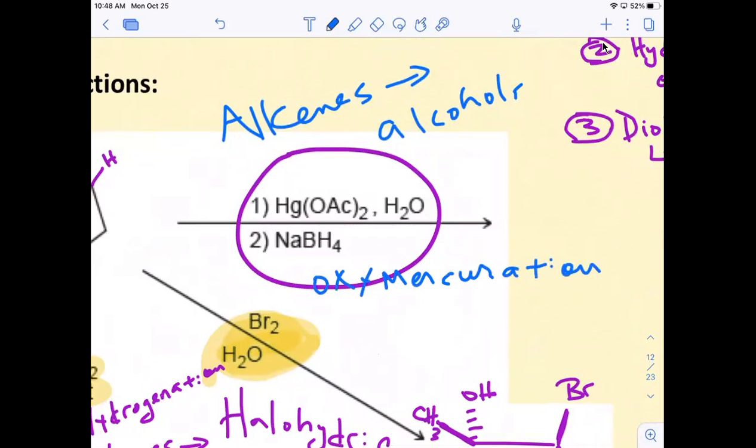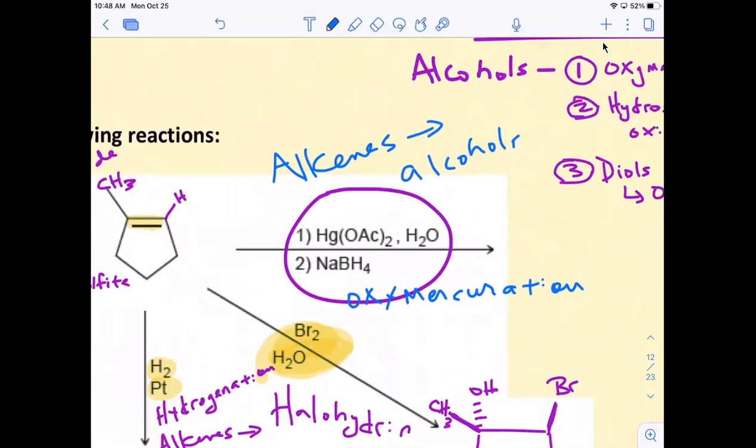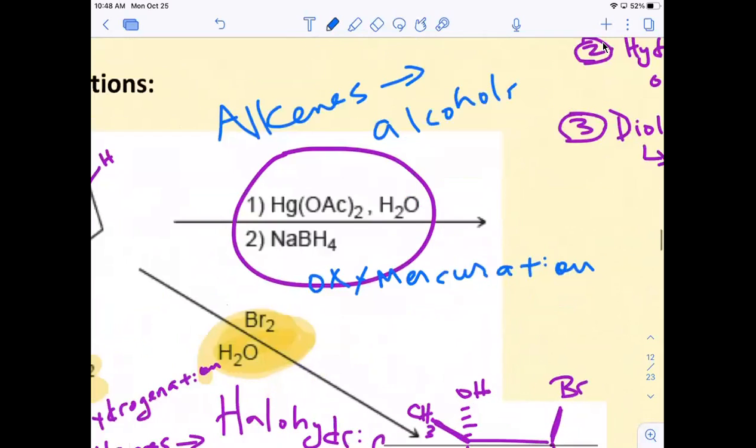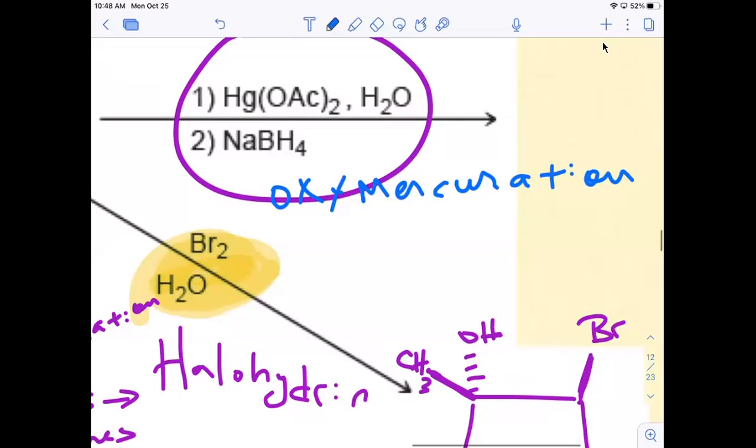I think the last video I sent had that and the mechanism in there. But the outcome is, if you boil it down, it's like adding H to one side and OH to the other side.